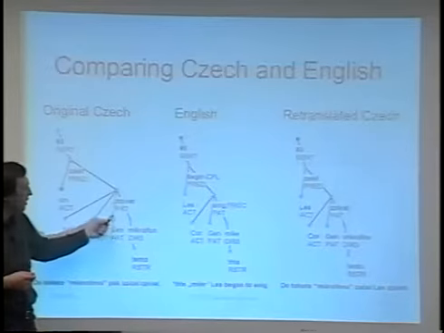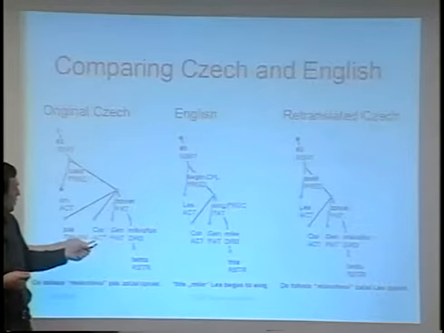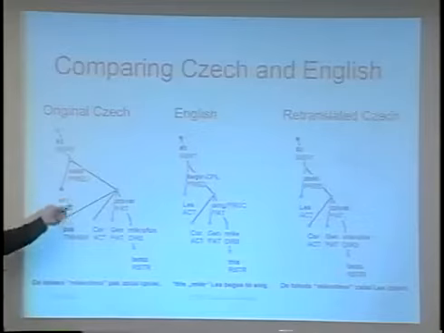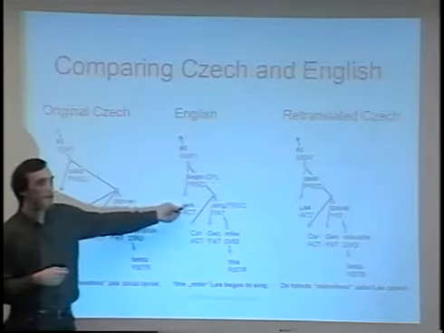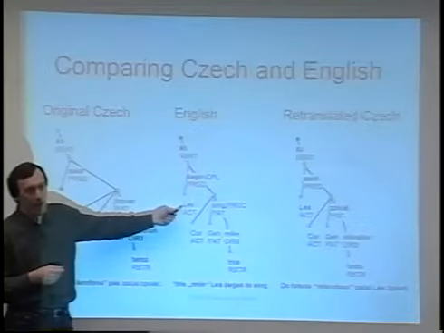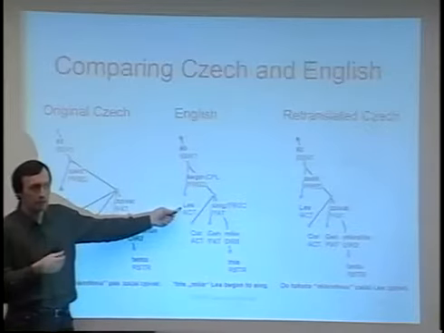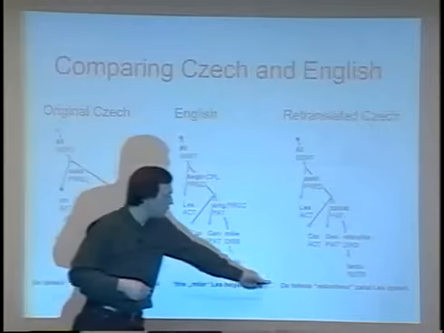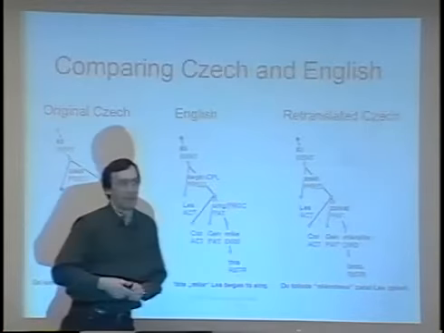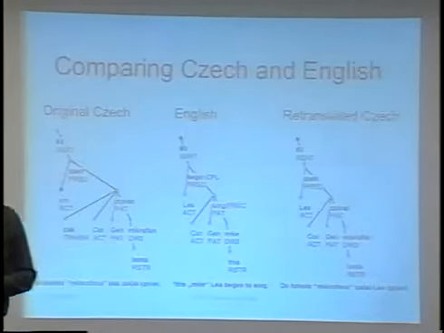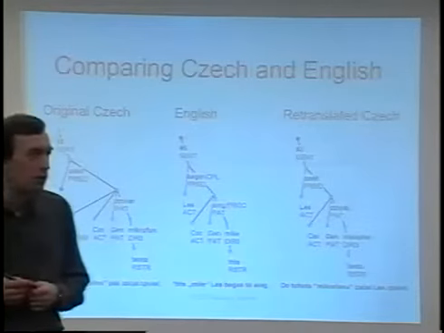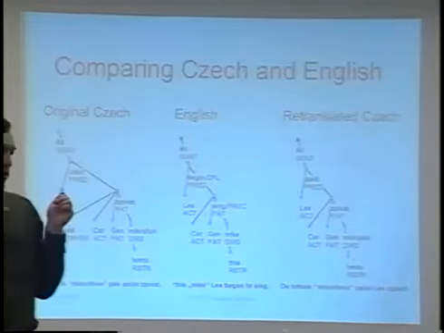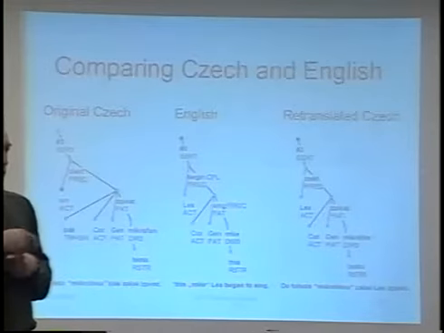And we have a general, what is it? Oh, here. We have he as a pronoun here in the Czech tree, and we have the name here. And that's not so bad, but still, how do you get that? So this sentence is the retranslated sentence, and that's now identical, and I think it's a perfect check. Even if we look at the story, it's not so bad to use the name instead of the pronoun.